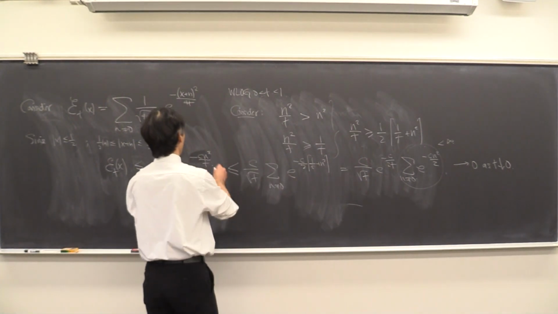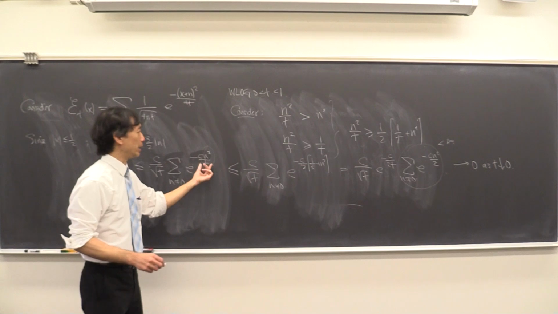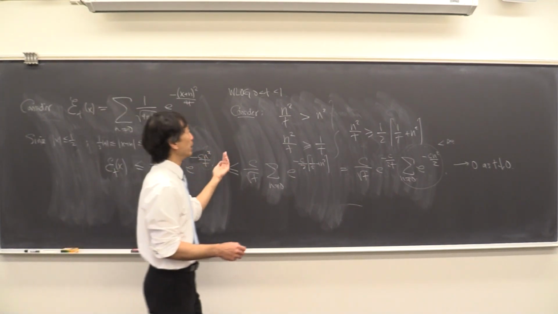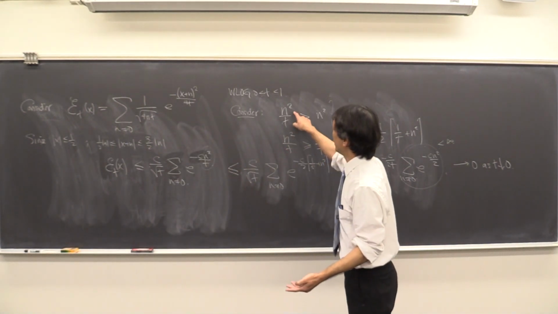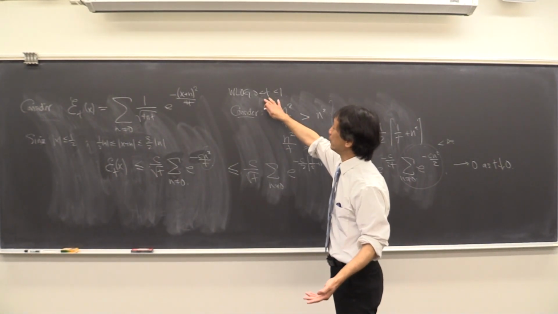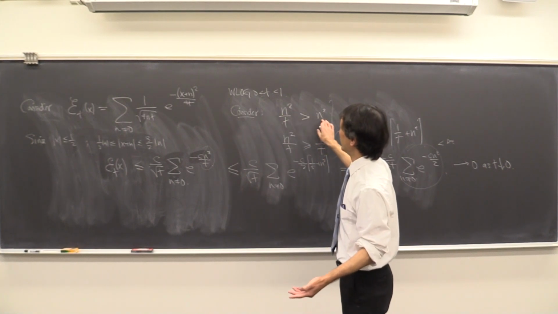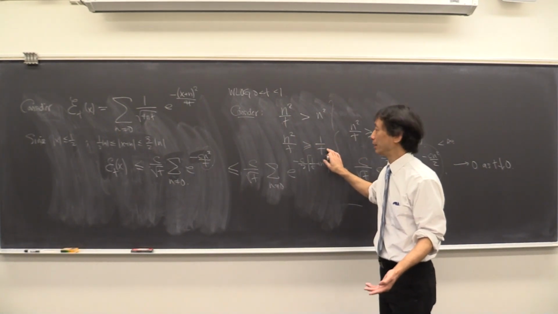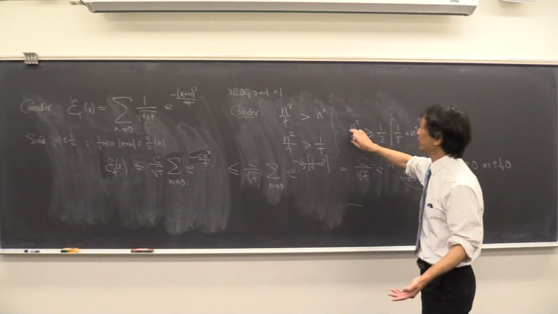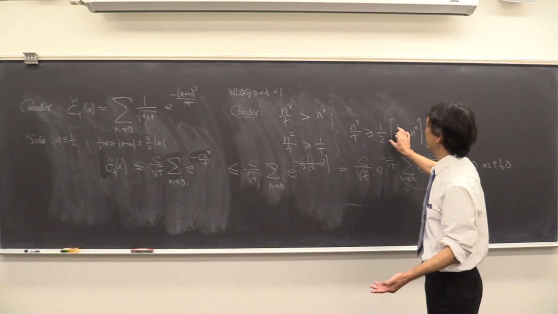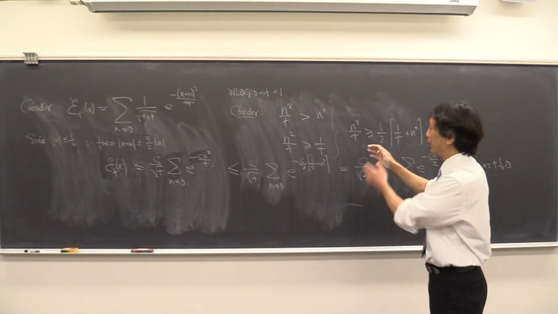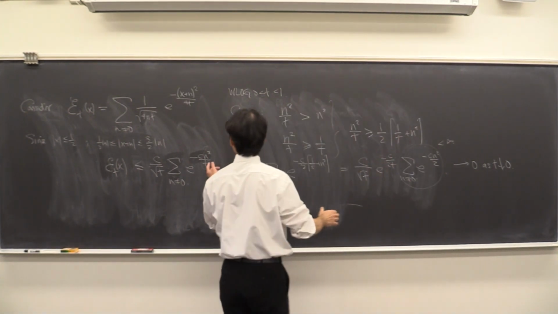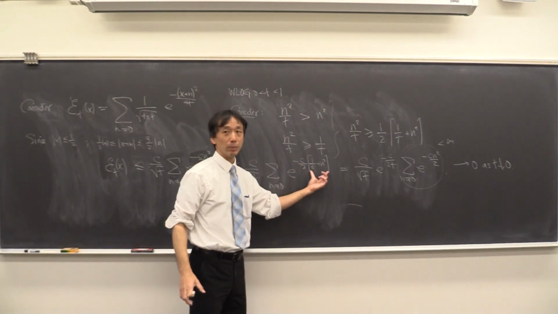We're going to separate the n squared and the 1 over t. We've got this n squared over t. Assume that t is small. n squared over t is bigger than n squared, but n squared over t is also bigger than 1 over t. So n squared over t is bigger than the average of those two terms, and that allows us to replace the n squared over t with this split term.